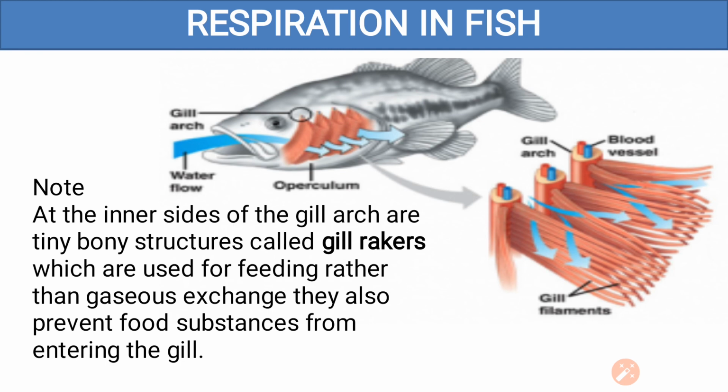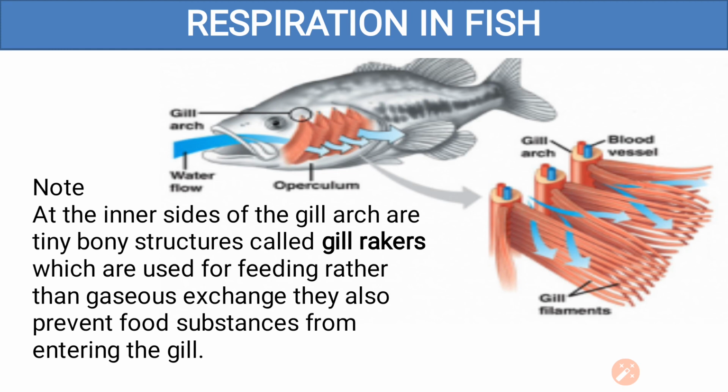You can see the gills out here, then you see the water flow, and then you see the operculum. Look at the gill, look at the blood vessels, look at the gill filament on the second diagram there. You must note here that on the inner side of the gill, which is the part we just talked about, there are tiny bony structures that we call the gill rakers, which are used for feeding.